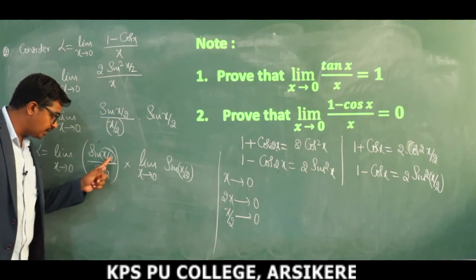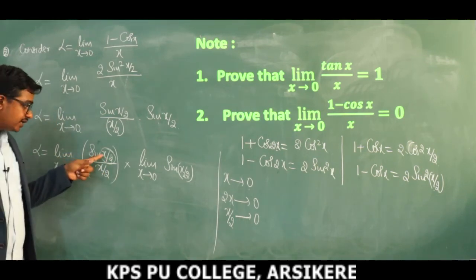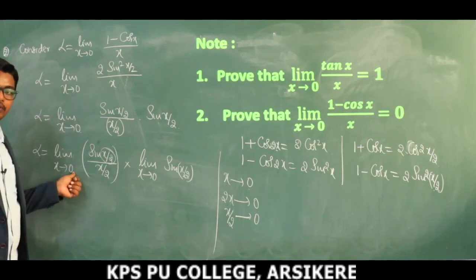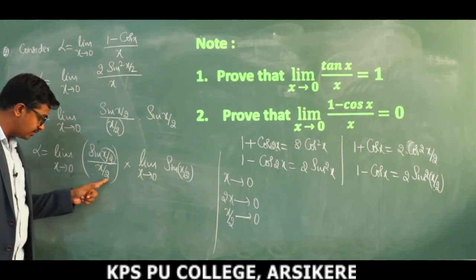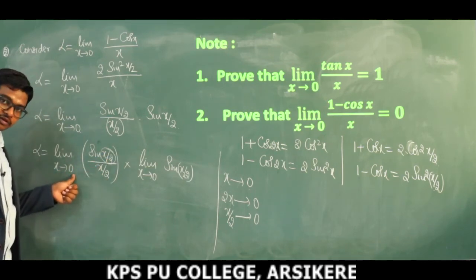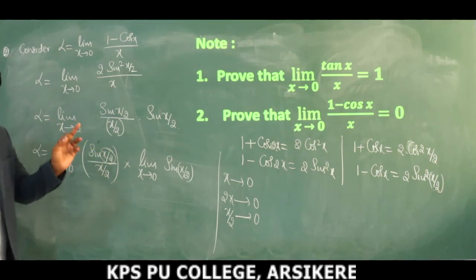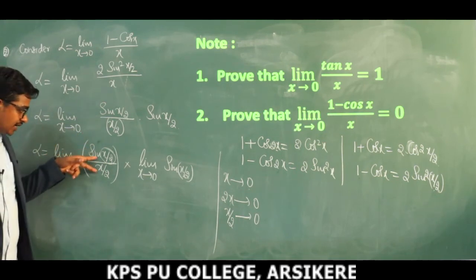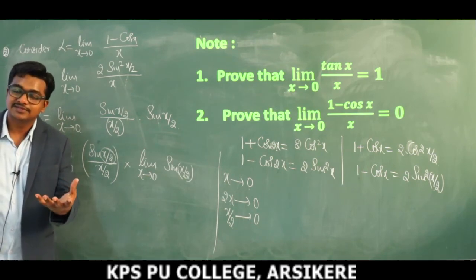Suppose this is sin y divided by y, when y approaches to 0, that is also 1. Sin of 2z divided by 2z, when z approaches to 0, that is also 1. Or here look, sin x divided by 3 is there, here also x by 3 is there, whenever x approaches to 0, that is also 1. So these two must be same. The internal function of the sin x and the denominators are same. When they are same, as the limit approaches to 0, the value becomes 1.